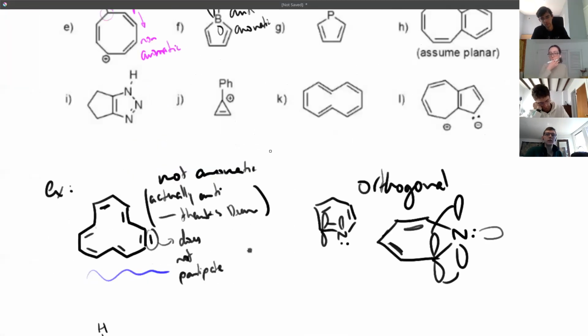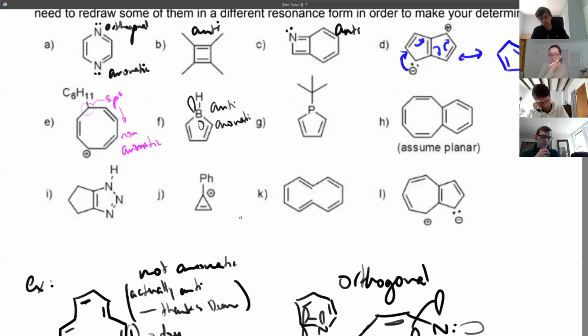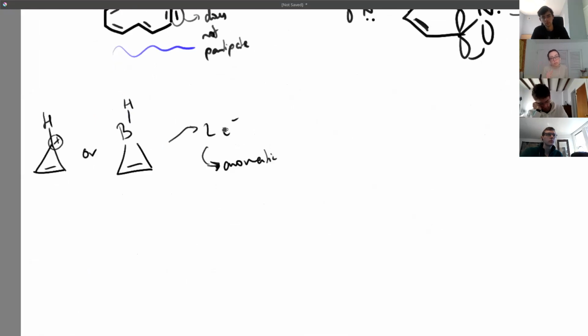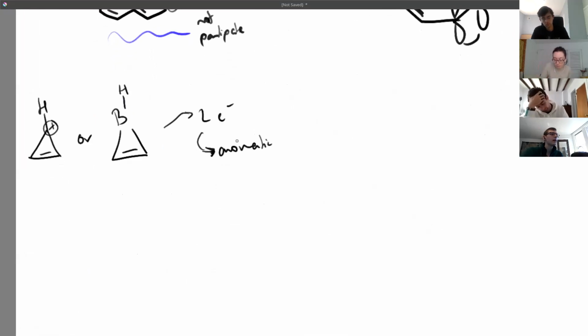What about, can we do an example where we have that same cyclopropene and then with a negative charge and a radical, just so I can see the difference? Yeah.